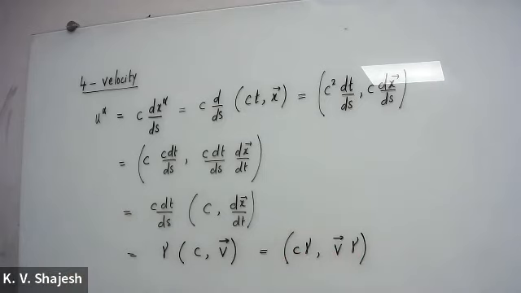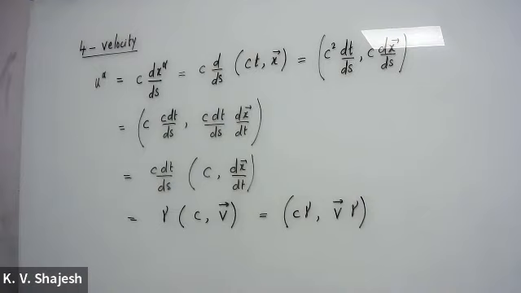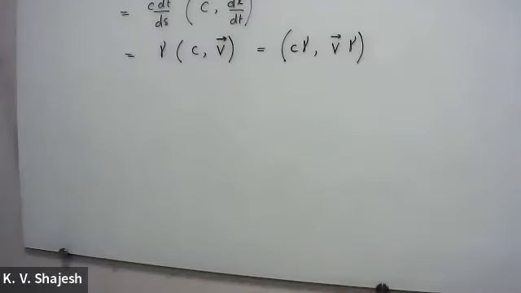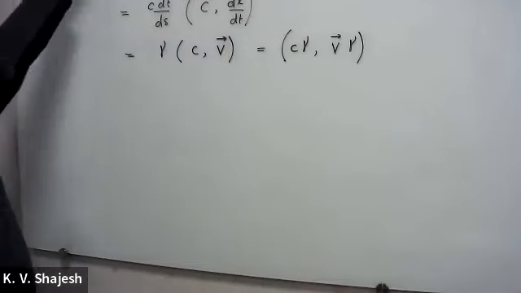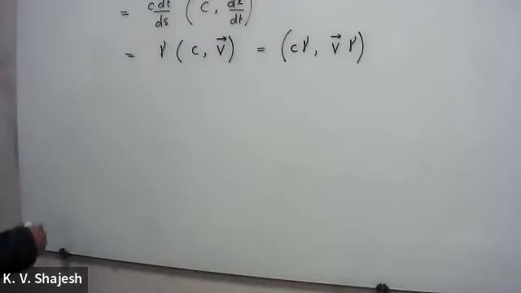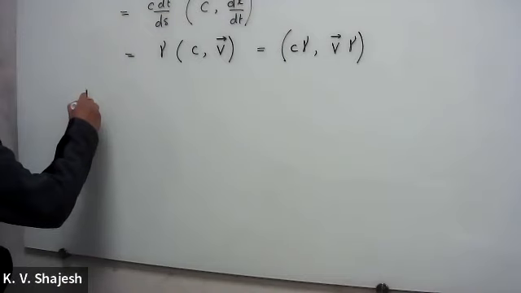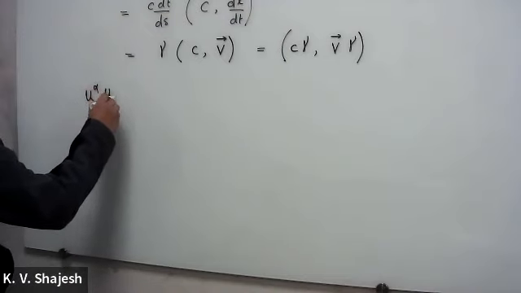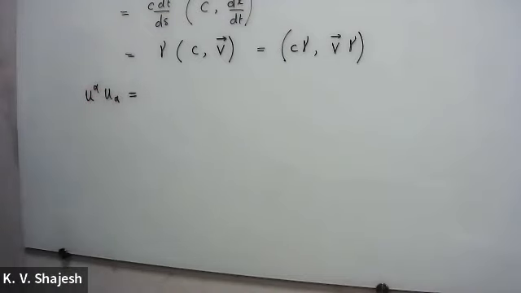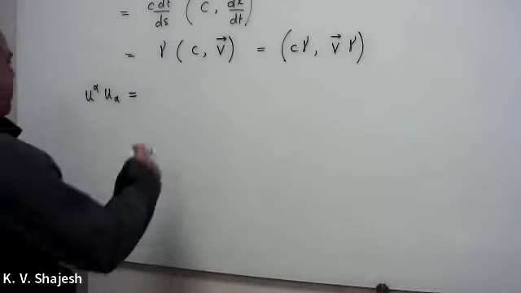So let's check if that's really true or not. If it is invariant, when you go from one frame to the other, it shouldn't change. So it's of interest to ask, what is that invariant quantity associated with this? So let's calculate U alpha U alpha.